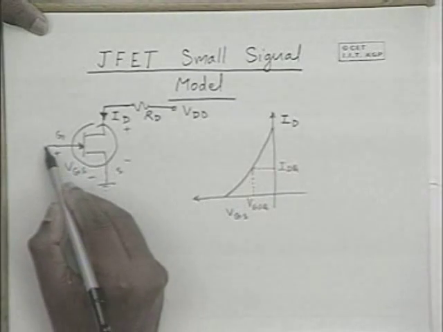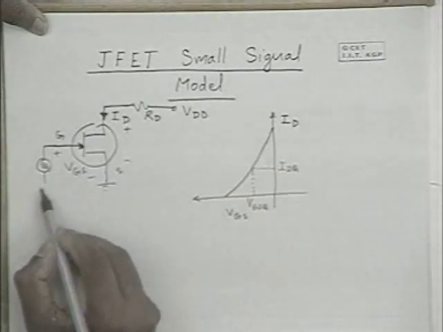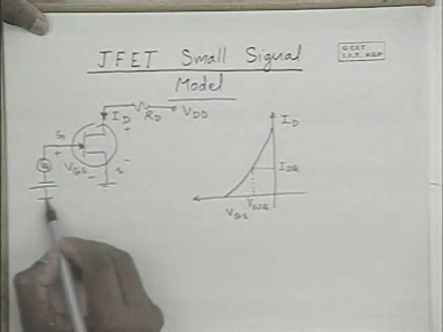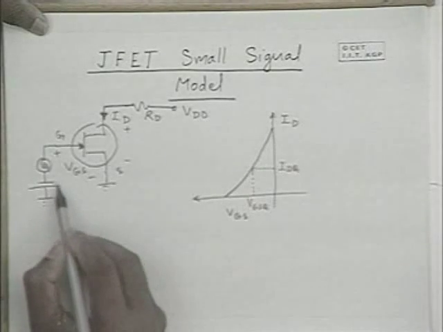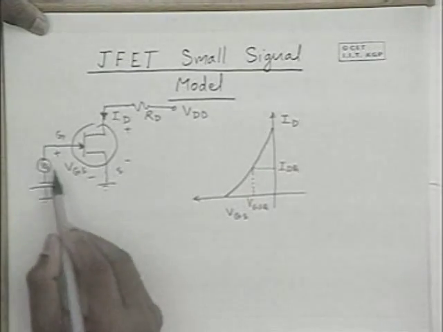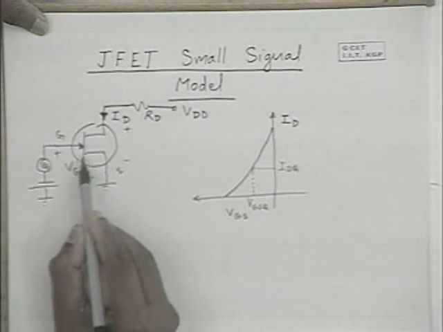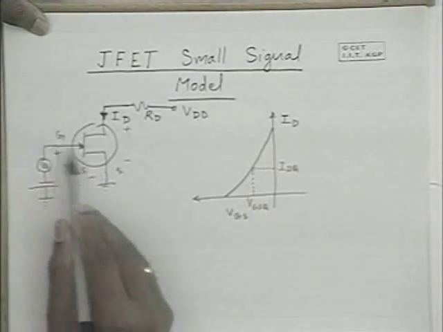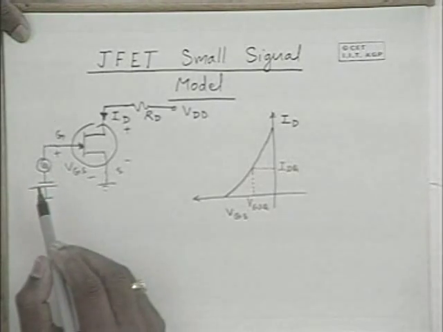So even when you apply an alternating signal over here, still this bias potential plus the alternating signal put together is still reverse biased. Therefore, for small signals, it is still reverse biased. Therefore, the current is negligibly small.